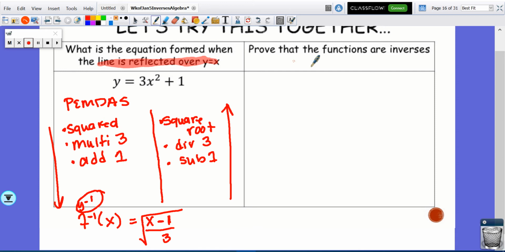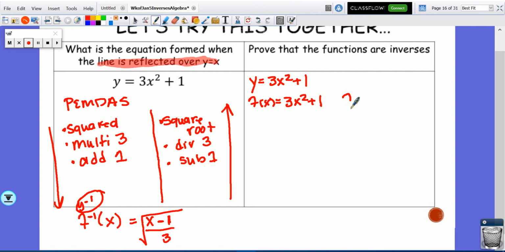Now, this next question says, prove that the functions are inverses. So we have our original function, which is y equals 3x squared plus 1, or we can write that the same as f of x equals 3x squared plus 1.